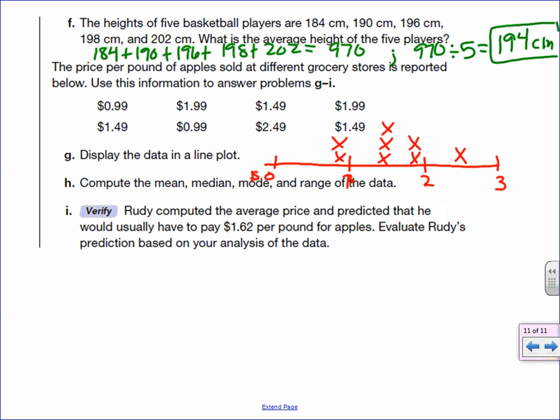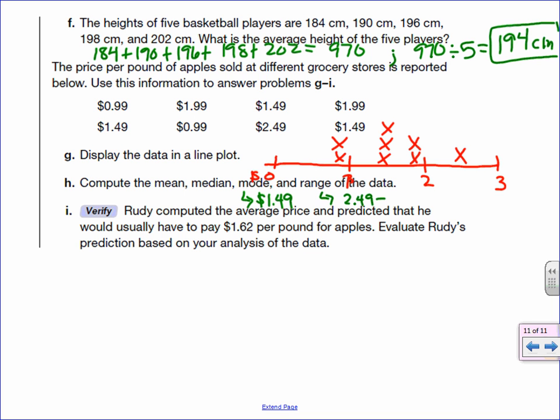Compute the mean, median, and mode and the range of the data. So using our number line, we can kind of see the order that these have. So the mode is clearly the 149. Okay, the range, the highest one is 249.